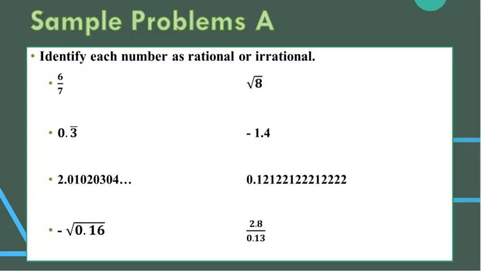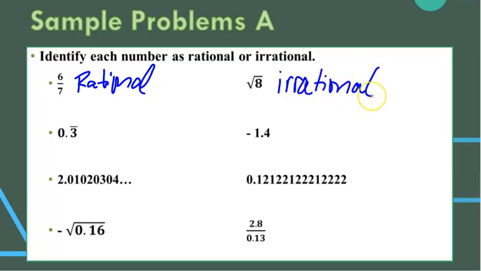So, sample problems. Here we identify as rational or irrational. 6/7 is a fraction, so this can be written as rational. Next, square root of 8, that's a radical, so this is irrational. 0.3 repeating, so this is rational.